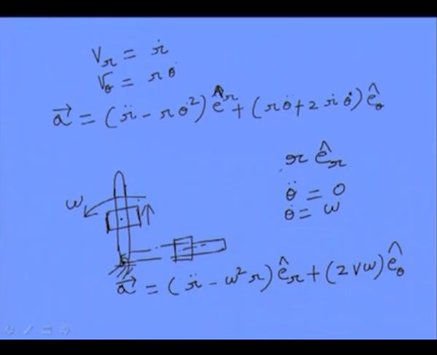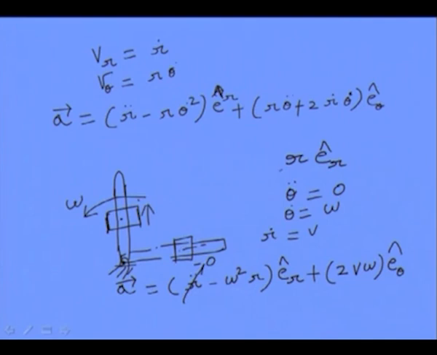Along the radial direction, this is R double dot, but as we already know that R dot is equal to V, therefore R double dot will be dV by dt. If the block slides on the link with a constant speed, then R double dot will also go to 0, and you will be left with minus omega square R er.